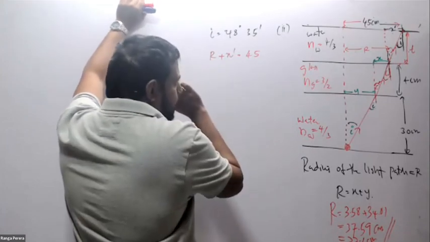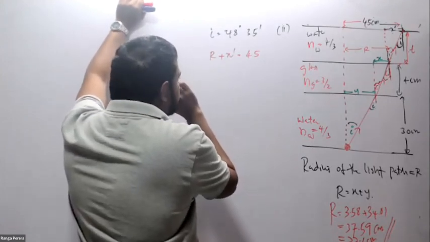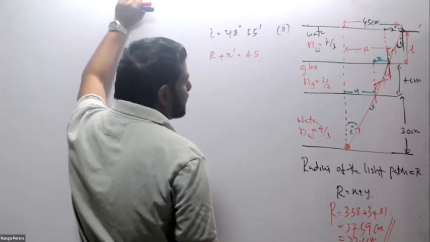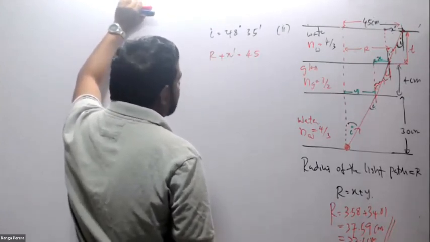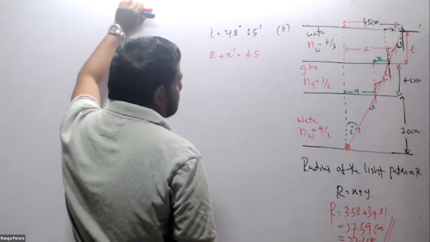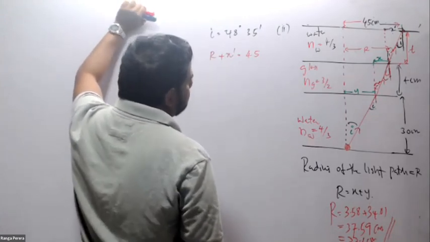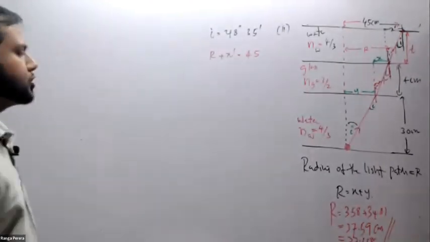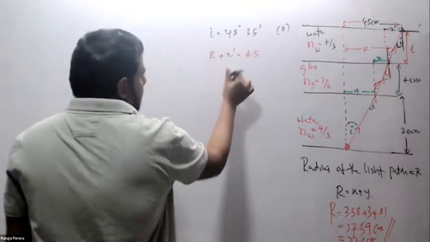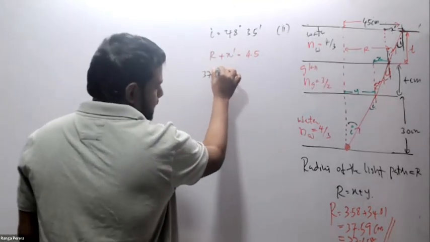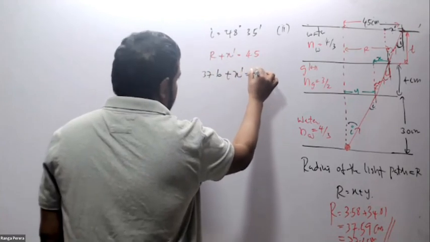With that, we can find x dash first. So how to find x dash? R equals 37.6 according to the previous calculation.